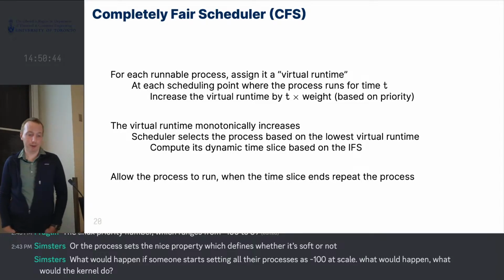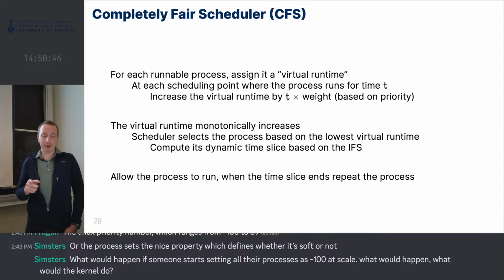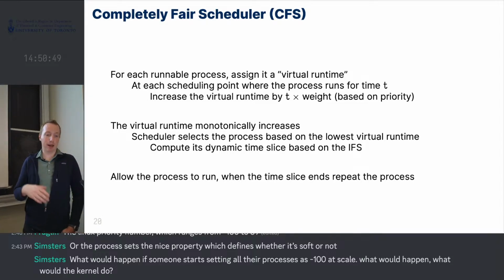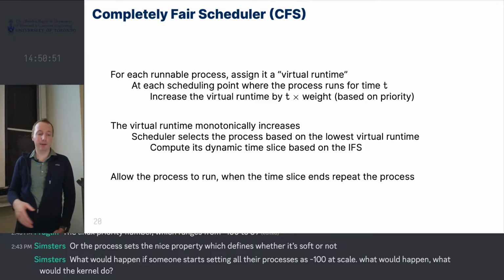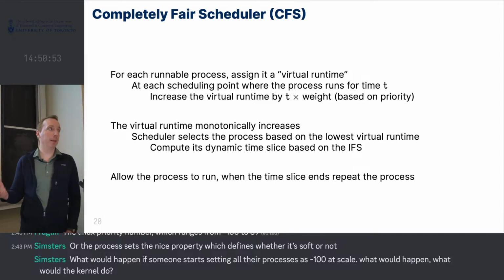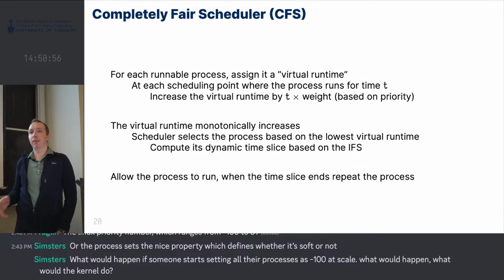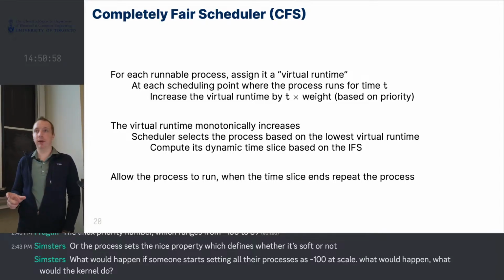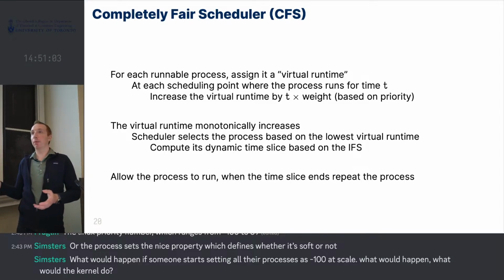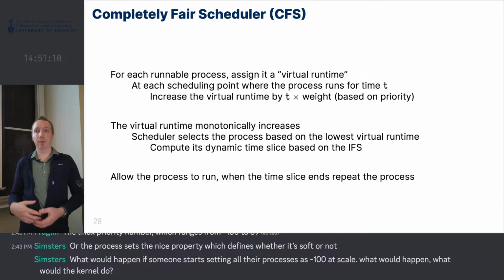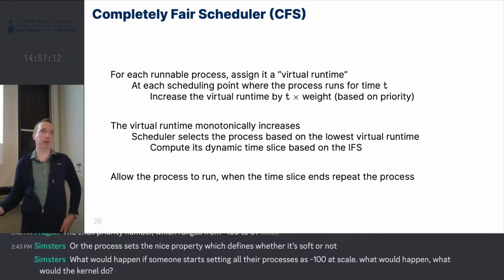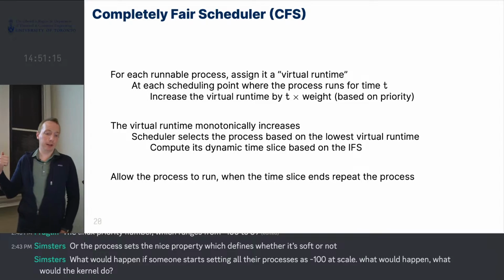At each scheduling point where the process runs for some time t, it increases the virtual runtime by the actual time it ran times some fudge factor or weight, which is typically based on the priority. If it is a higher priority task with a lower number, the weight would be lower and the penalty for running would be less. That's why they use a lower number, because essentially your priority is that weight factor.